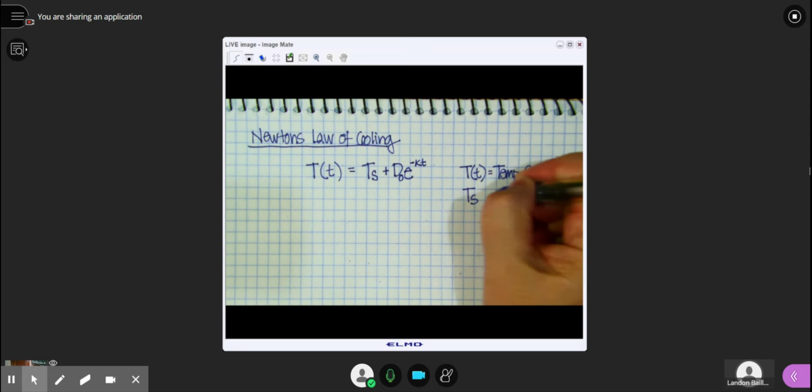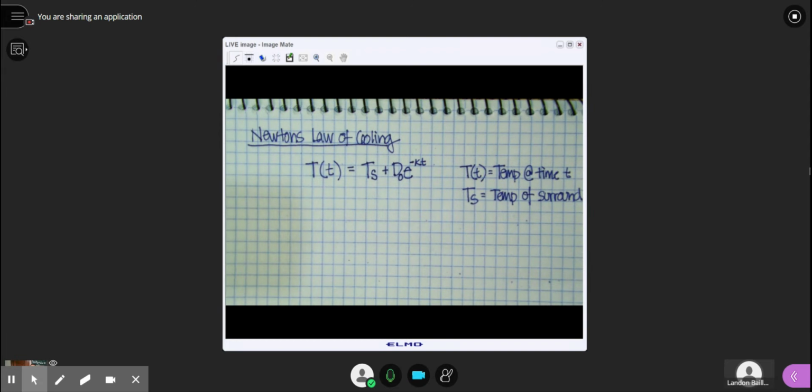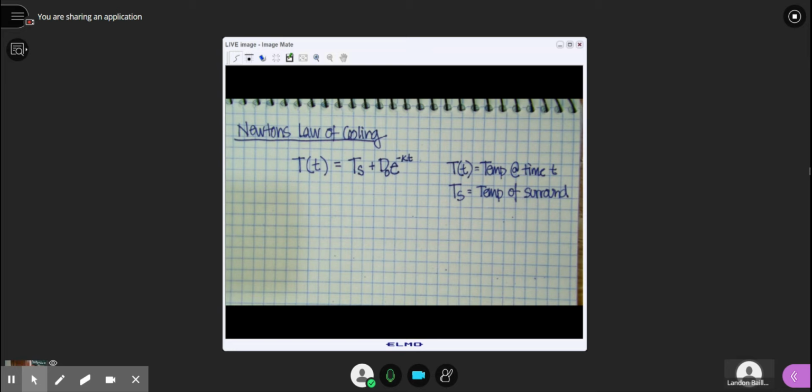T sub s is the temperature of surroundings. So if you're in a room of 72 degrees, then T sub s is 72 degrees. If you're outside and it's 98 degrees, then T sub s is 98 degrees.